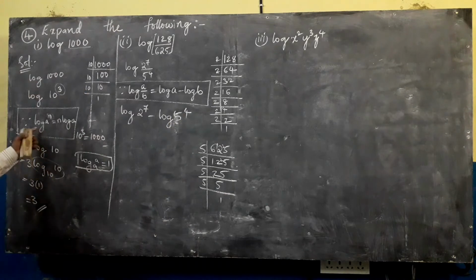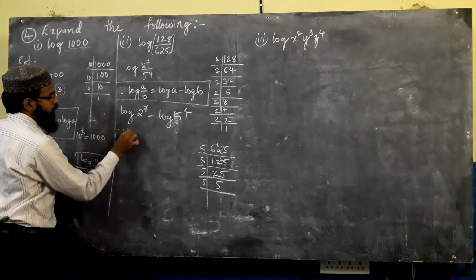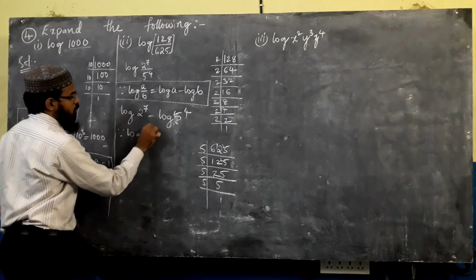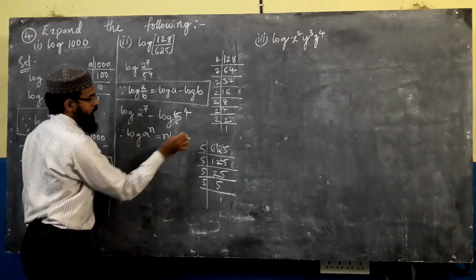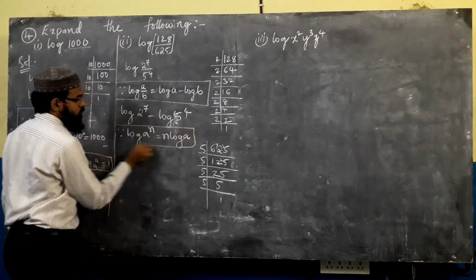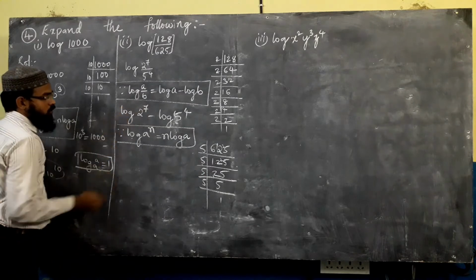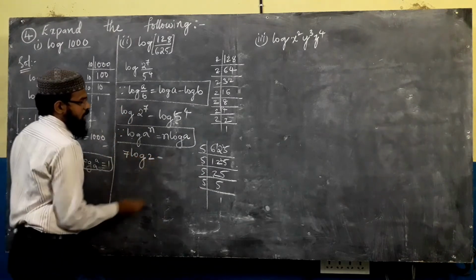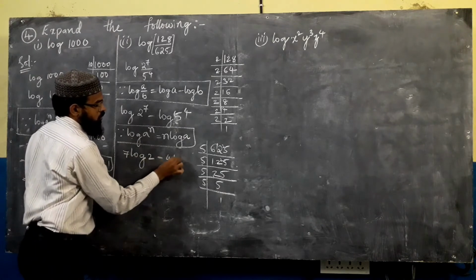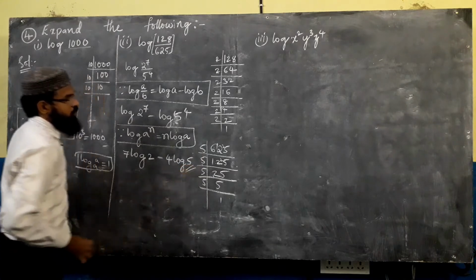Again, since we know that log a to the power of n is equals to n log a, this power comes in front of log. So 7 log 2 minus 4 log 5. So this is the solution.